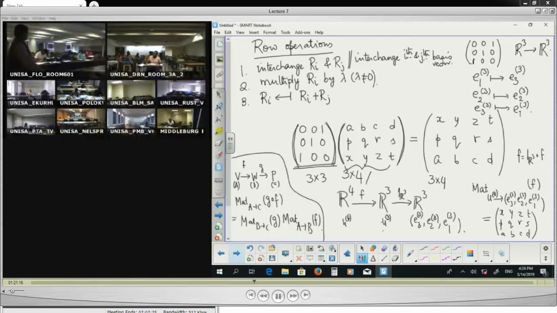The end is, if you interchange the two rows of a matrix, it means that on the side of the codomain, you have interchanged those two vectors, got hold of a new basis, and multiplied the original linear transformation by the identity one.